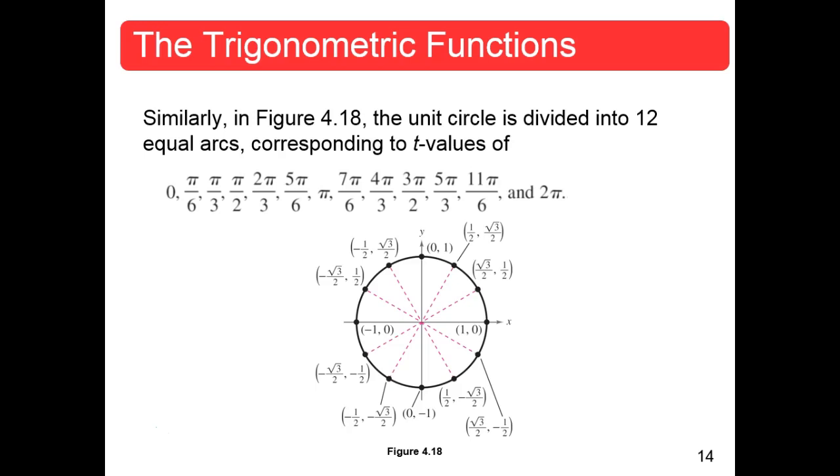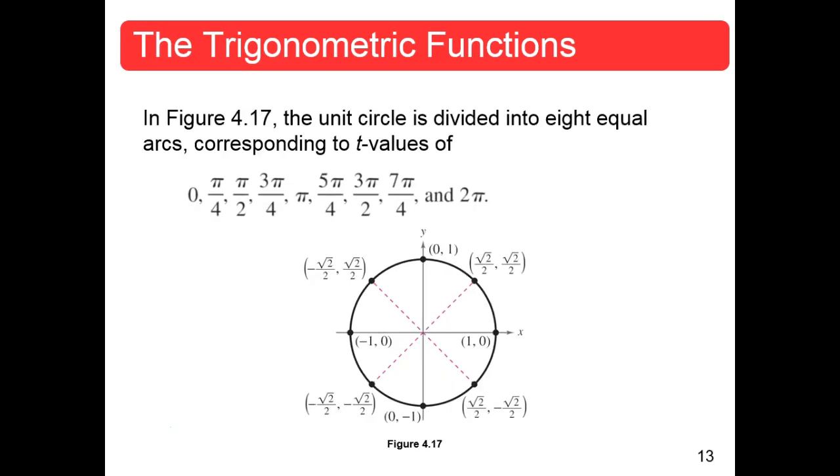The sine is y. Y value, 1/2. The cosine is root 3 over 2. The tangent is this one over that one. The cotangent is that one over that one. And the secant is 1 over this one, and the cosecant is 1 over that one. So you just flip those. So you know every one of the trig functions for every one of these angles. Just like you know them for every one of these.